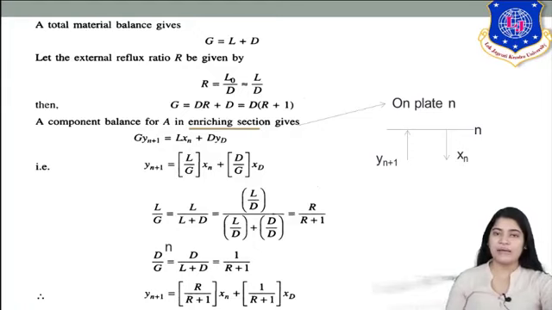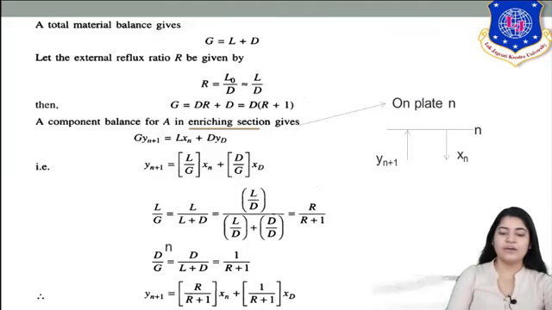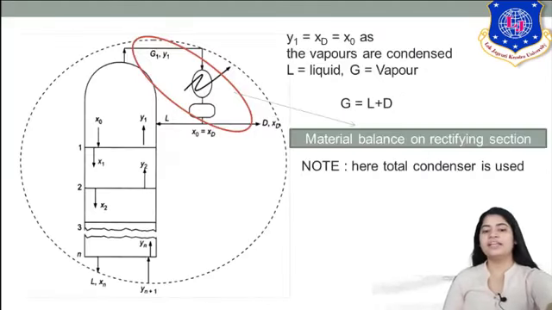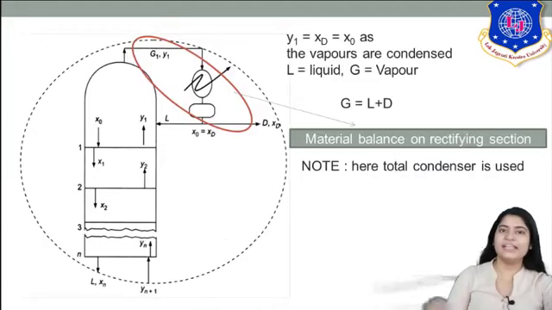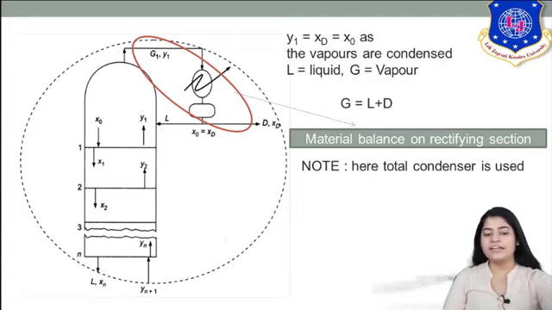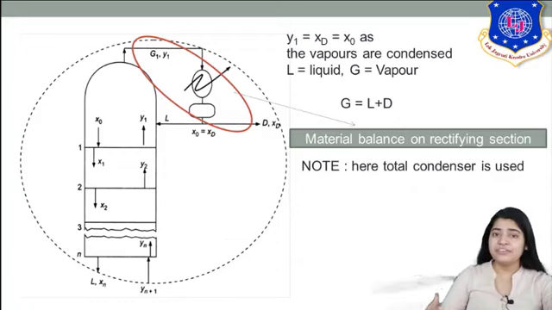So I am doing my component balance now. G into Yn plus 1 is equal to L Xn. Now what else is leaving this enriching section? D is leaving. Component balance over the whole enriching section: for the nth plate, entering are vapors with composition Yn plus 1, and the leaving streams for the enriching section are the distillate you get from your condenser and the liquid with composition Xn from the nth plate.